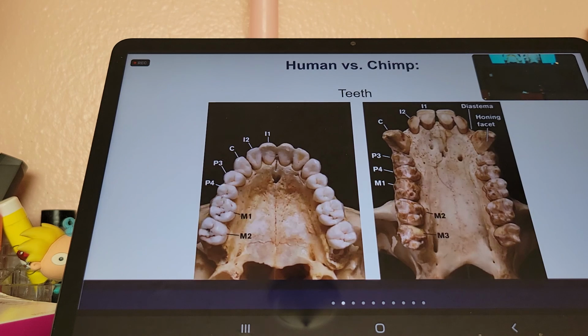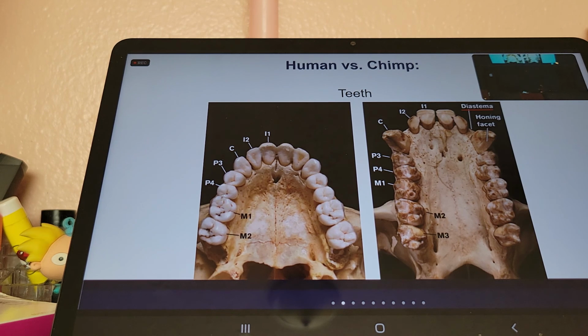Yep, there's that canine. All right, and here's another view of the maxillary dentition. And as you can see, the chimp on your right has a diastema. There's a big gap there. Humans do not have a gap between the lateral incisor and the canine.